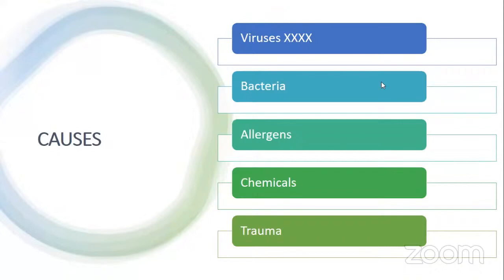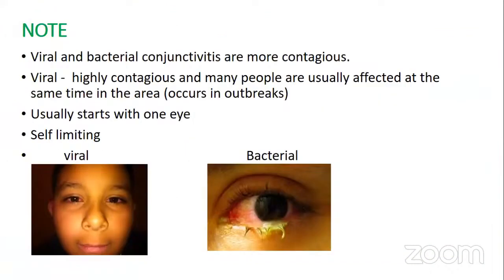It is also important to note that viral and bacterial conjunctivitis, the red eyes caused by a virus or bacteria, are more contagious. Being contagious, they can affect many people at the same time, just like I stated.